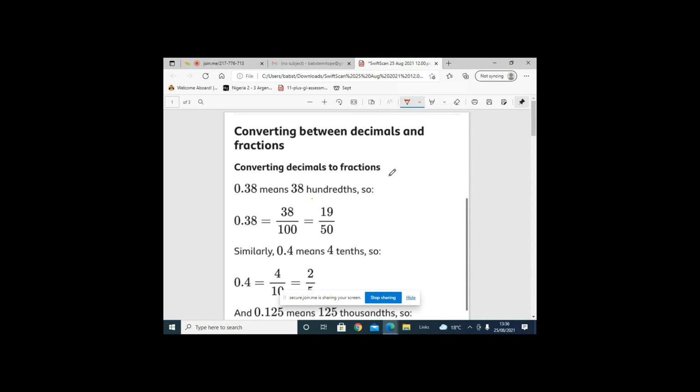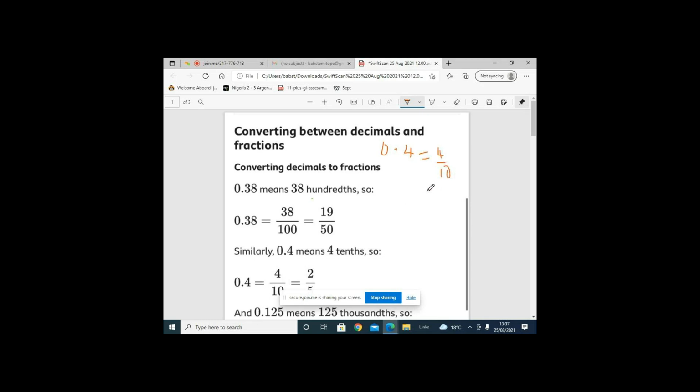So let's do changing from decimals now to fractions. For example, if you have something like 0.4, because there's only one decimal place here, the 4 is going to be equal to what? 4 over 10. That's it.